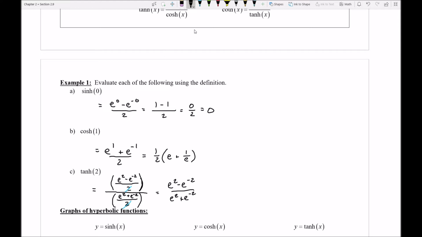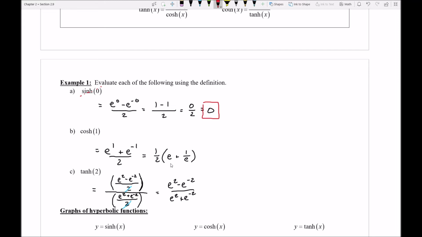Now, a couple things to note here is that oftentimes when we're working with these sorts of values in specific problems, we might want to know how far I should go in terms of my simplification. If I was working with something like hyperbolic sine of 0, since I simplify down to a final answer of just a really easy number, I'll tend to simplify it all the way down.